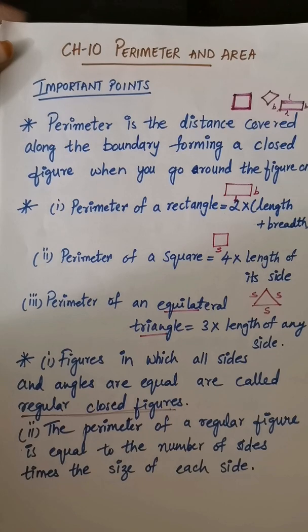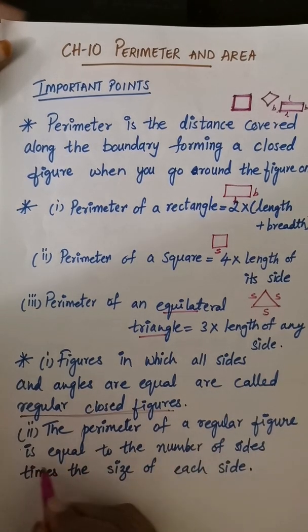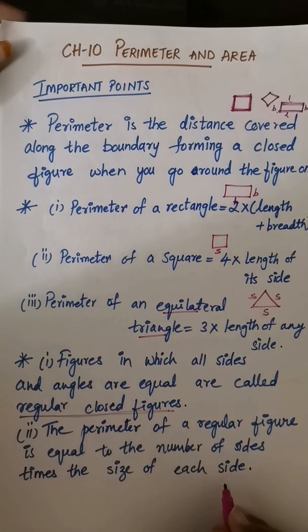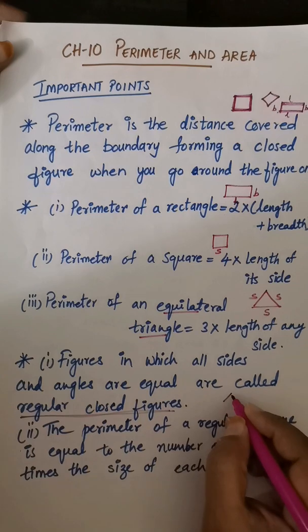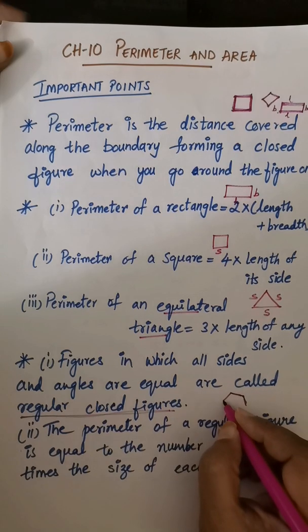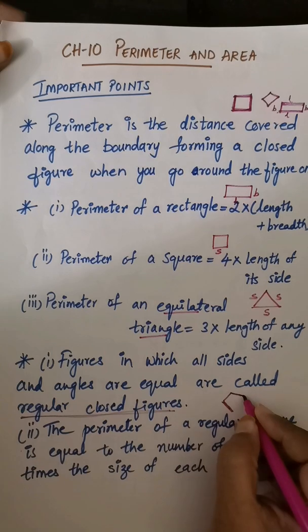I told you earlier also that the perimeter of a regular figure is equal to the number of sides times the size of each side. Suppose you have a pentagon. A pentagon means a figure made with 5 equal sides: 1, 2, 3, 4, 5. This is a pentagon.